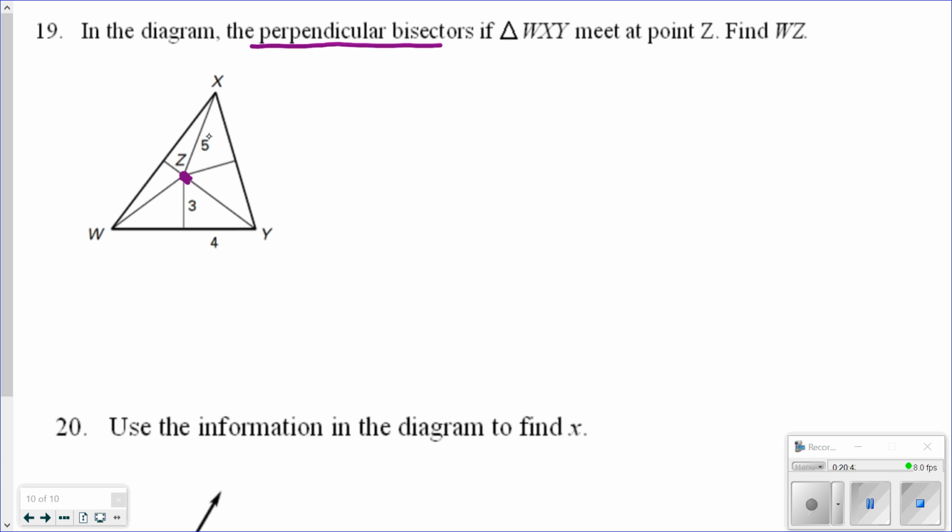So that means that this segment and this segment are all congruent because the circumcenter is equidistant from our vertices. Remember, these are the vertices. So WZ then, which is this segment right here, also would have to be 5. So WZ is equal to 5.